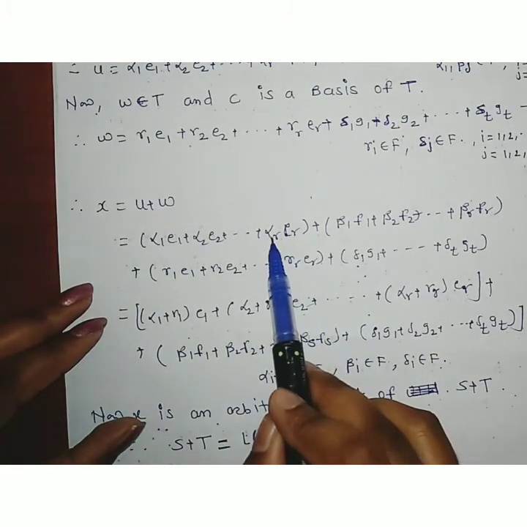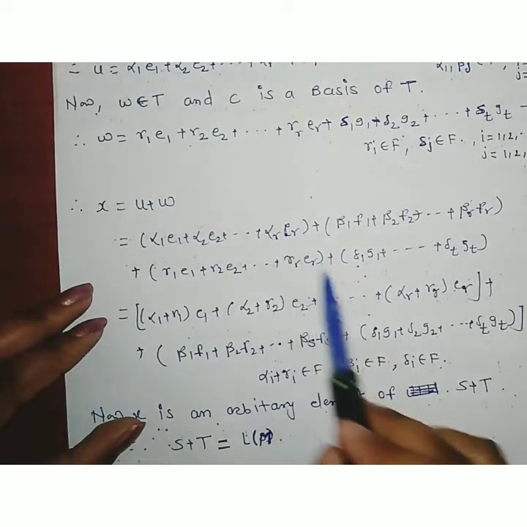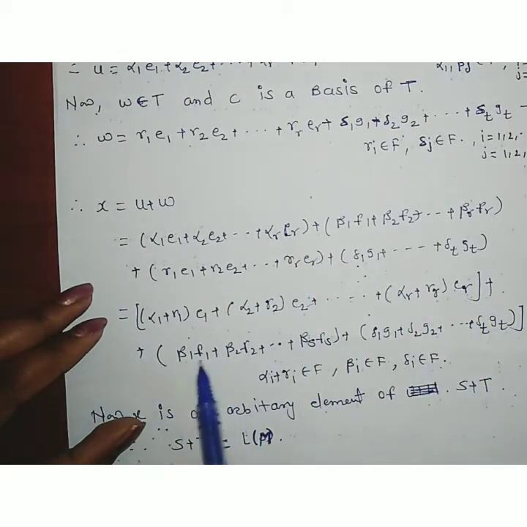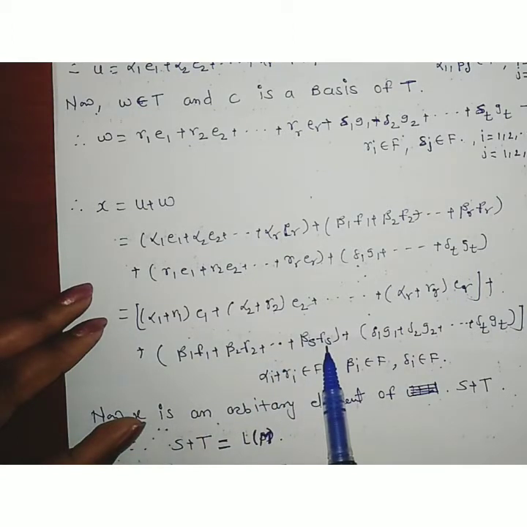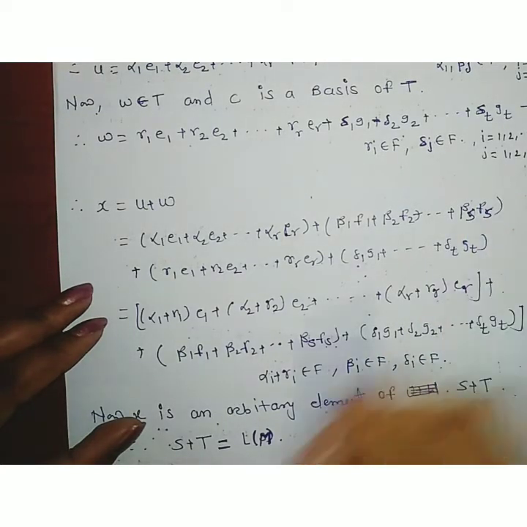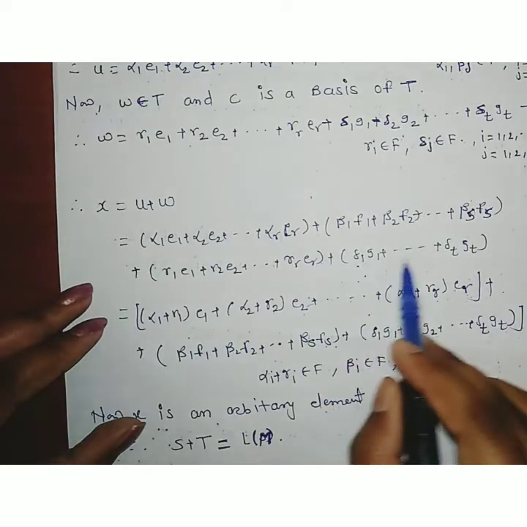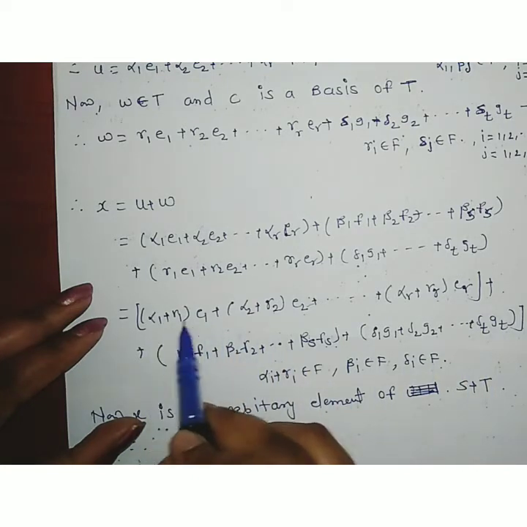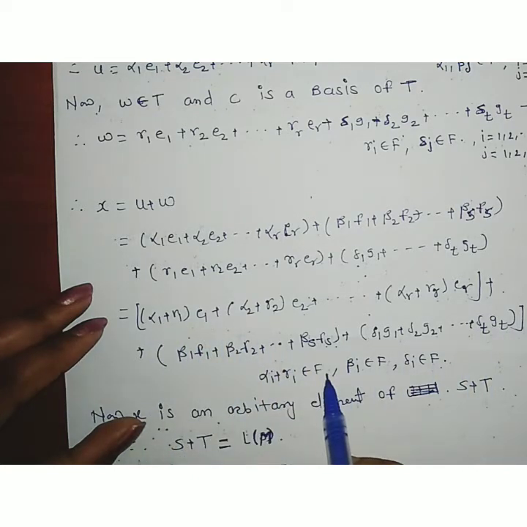In the last term, this should be alpha r plus rr, times er. Then these terms are as they are: beta 1 f1 plus beta 2 f2 up to beta s fs, plus delta 1 g1 plus delta 2 g2, up to delta t gt, where alpha i plus ri belongs to field F. These are also scalars, therefore they belong to field F, and beta i and delta i belong to field F.